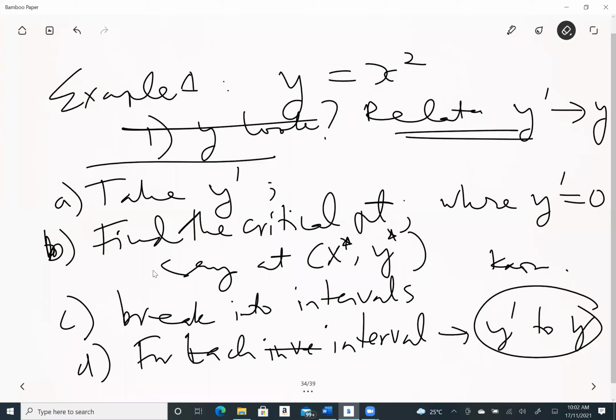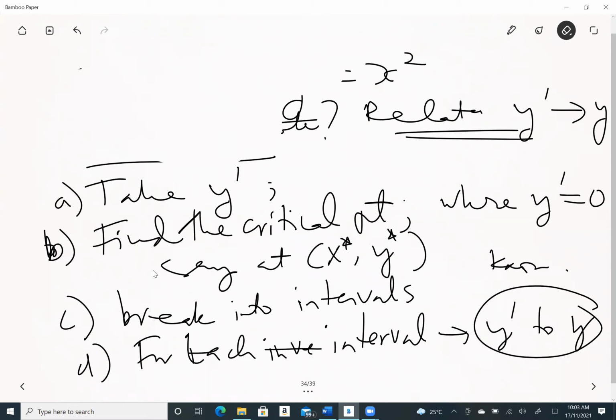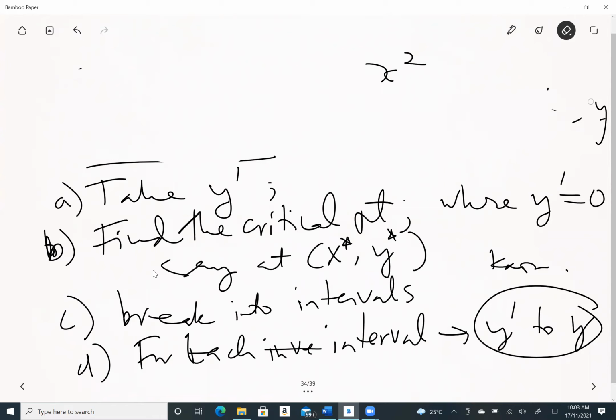You want to relate y to y prime, of course, but we also want to determine whether the function has a relative maximum or minimum at the critical point.